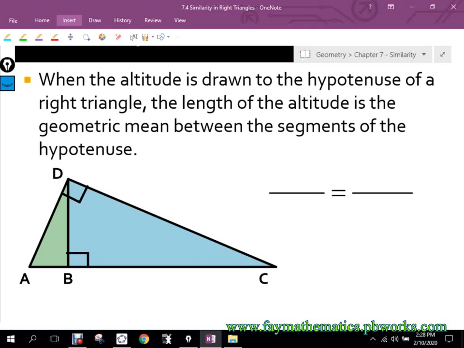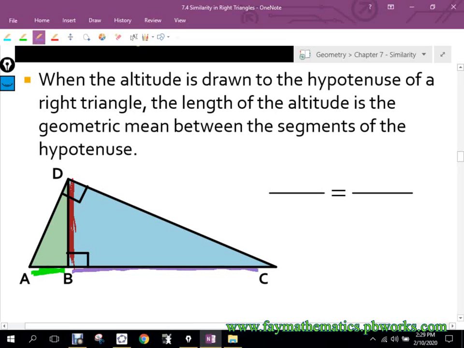We're going back to what we finished with on Wednesday. We said if we're working in a right triangle, so this has to be inside right triangles, and you have to have this segment DB drawn inside the triangle, and that's your altitude. So you have this interior altitude being drawn from the right angle to the hypotenuse. When it intersects the hypotenuse, it breaks it into two segments, right?